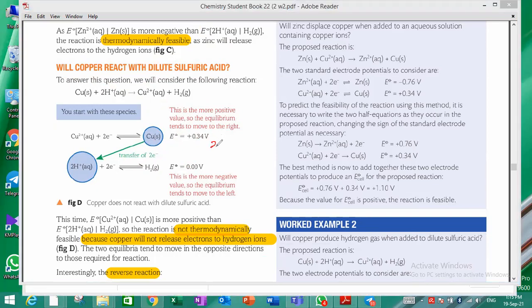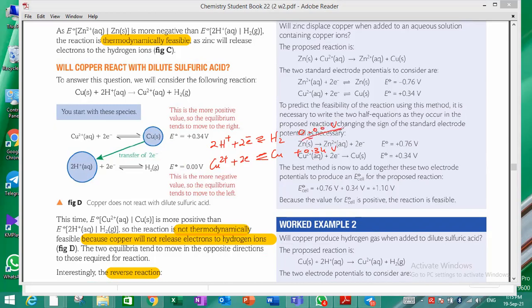Here I'm going to write 2H positive plus 2 electrons gives hydrogen gas. This is the less positive. And I'm going to write copper ions plus 2 electrons gives copper metal. As this is the more positive, it is plus 0.34, I'm going to write it below the upper one, which is 0 volts.